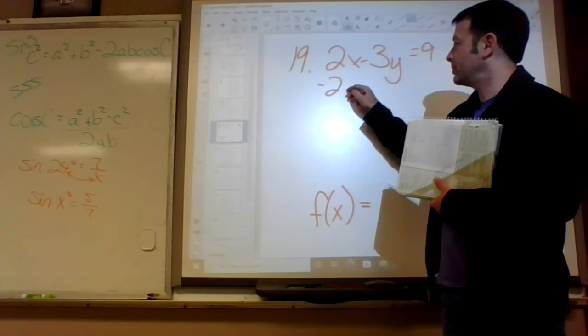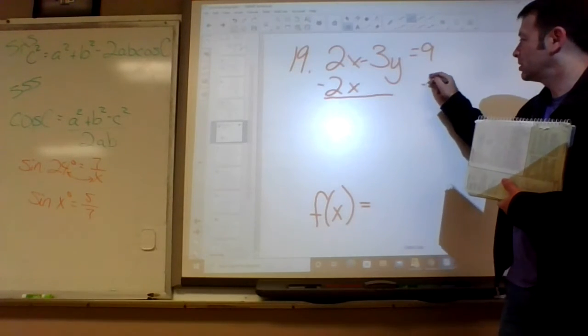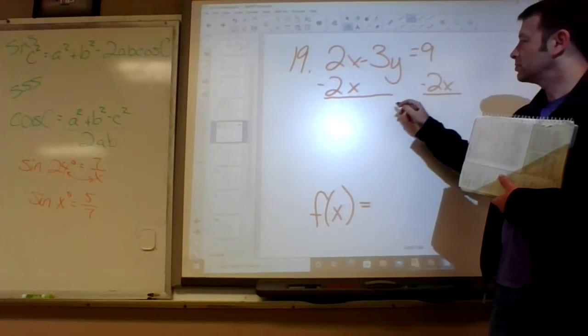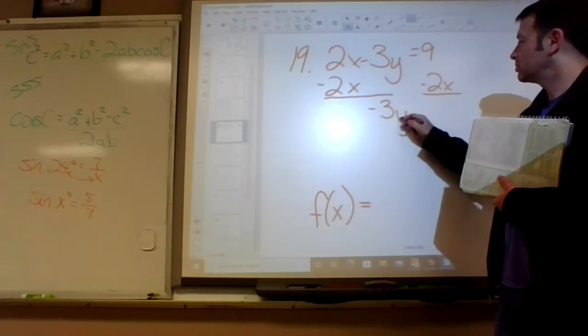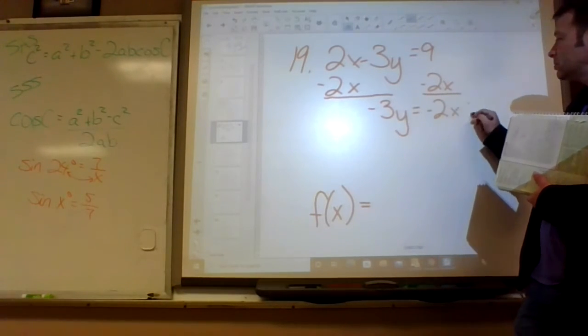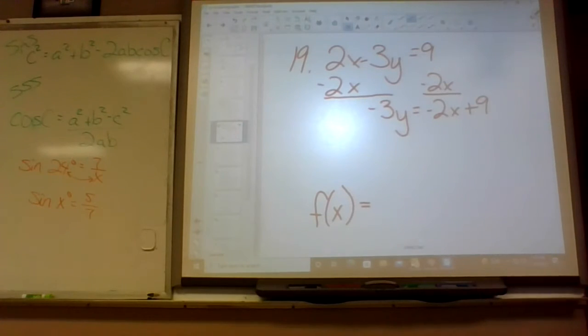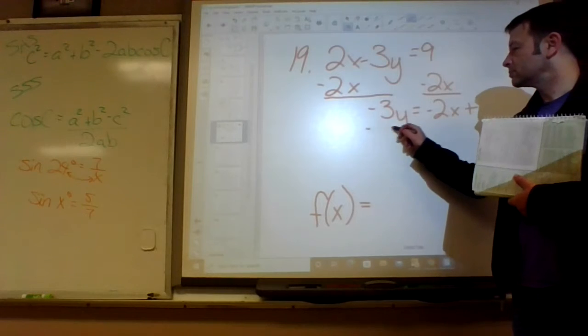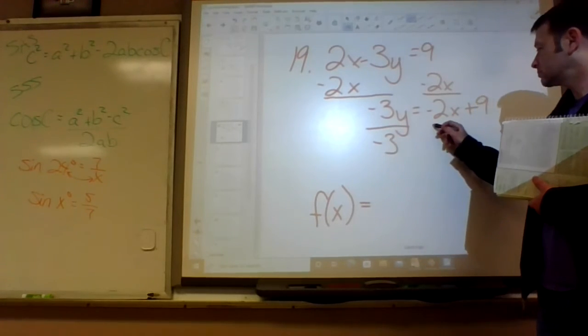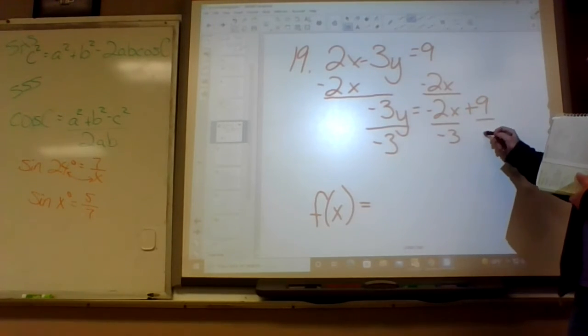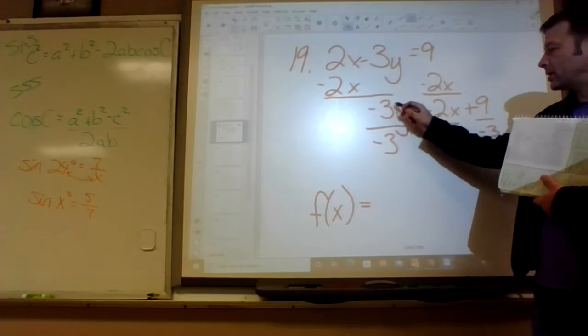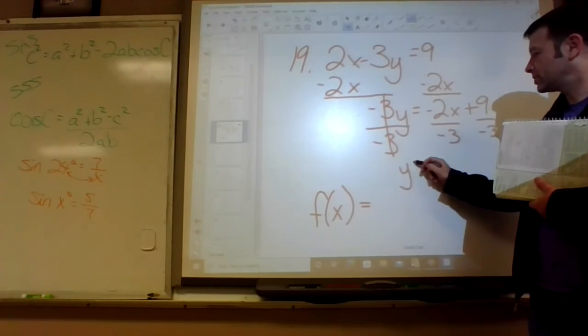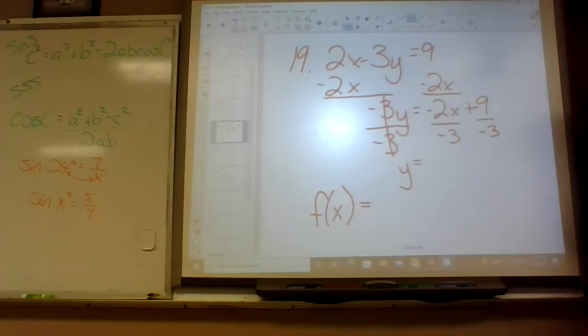Subtract 2x, get y by itself. Then what? Okay, so what's negative 2 divided by negative 3?